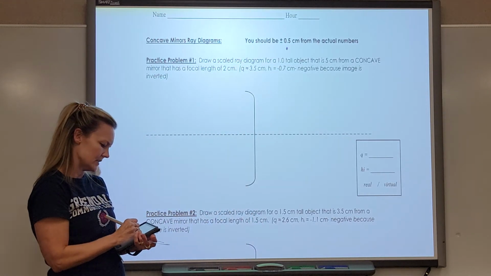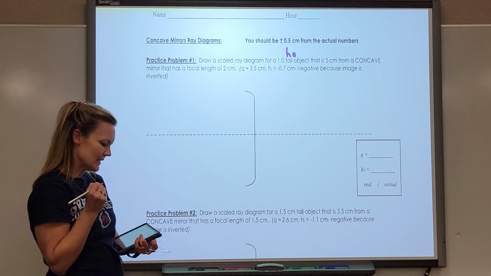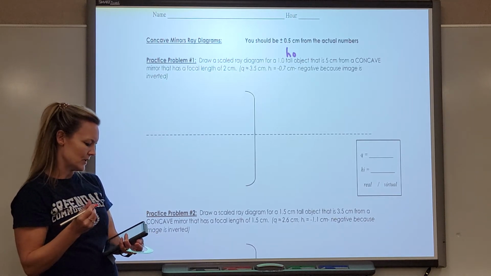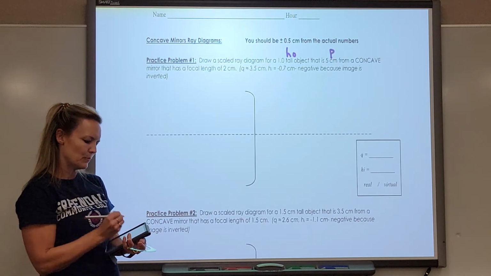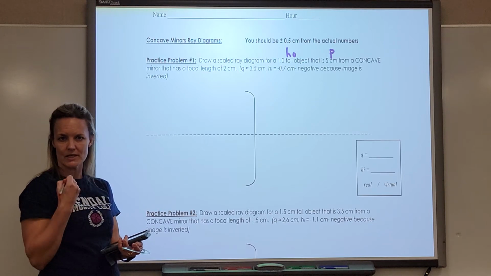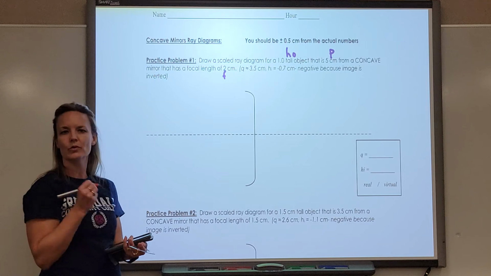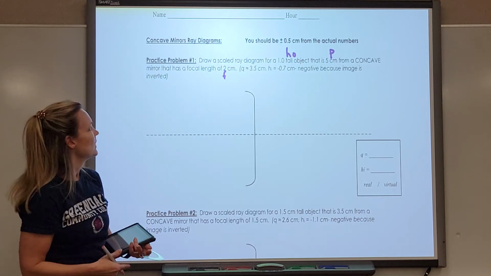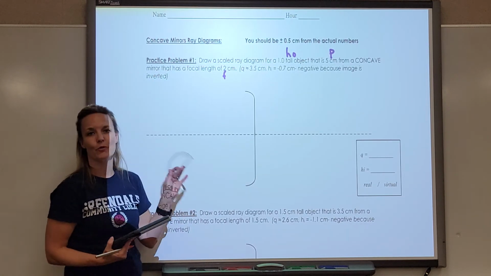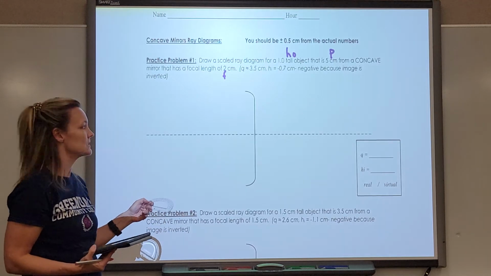That is the height of the object. And it is located 5 centimeters from a concave mirror. That's P, how far away the object is. And it has a focal length of 2, that's going to be F. All right, I have to measure out those 3 things before I can draw my lines.